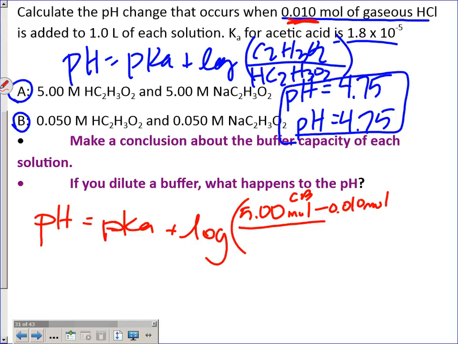What's going to happen to my weak acid as that conjugate base is consumed? Because my reaction is conjugate base plus hydronium yields weak acid and water. So as I consume my base, I'm making acid.